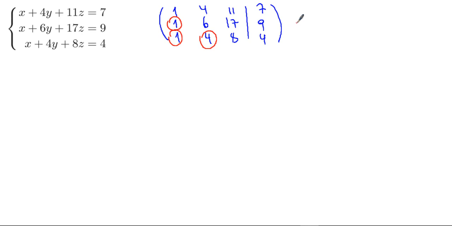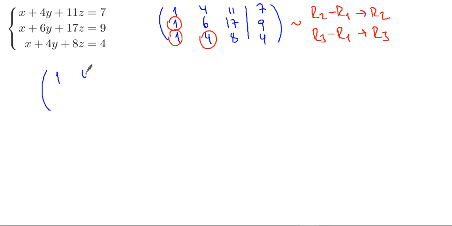Let's get started. I will do row 2 minus row 1 and replace it in row 2, and also row 3 minus row 1 and replace it in row 3. So let's first write it and see what will happen to the matrix. The first row has no change: 1, 4, 11, 7.